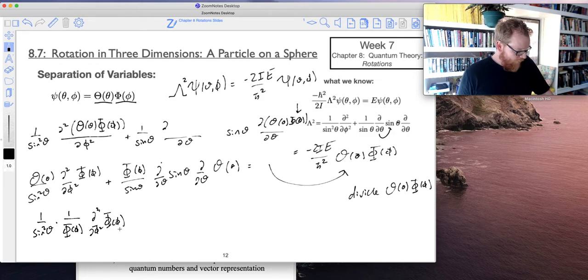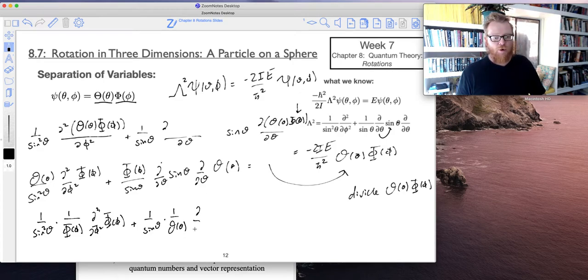And then now I can say plus, and now I'm going to have a 1 over sine theta. And my phi cancels, so I'm also going to have a 1 over theta function. Then I'm going to have a partial of theta. It blanked out on me. This is going to be interesting on the recording.